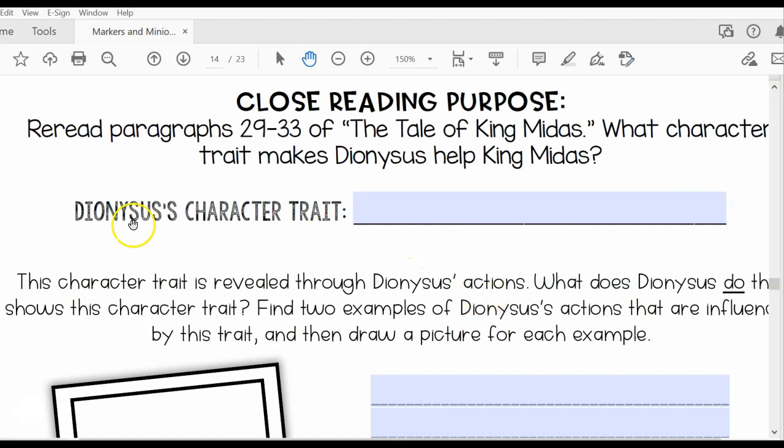So let's look at this. So Dionysus' character, what kind of character trait do you think he has? Nice. Okay, nice. What would be another word for that? Kind. Okay. So you're right, he was nice. Kind. He helped the king, right? Thoughtless because he hugged his daughter. No. The other one, the one that granted him the wish, not King Midas.